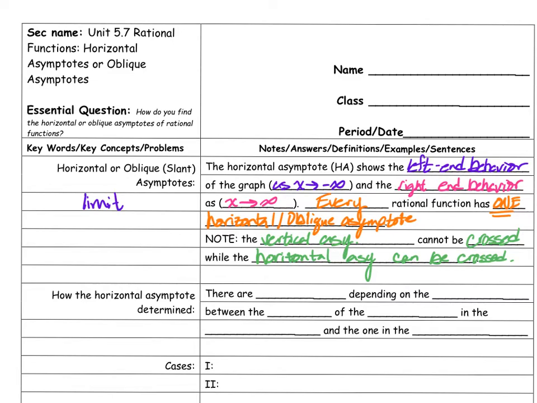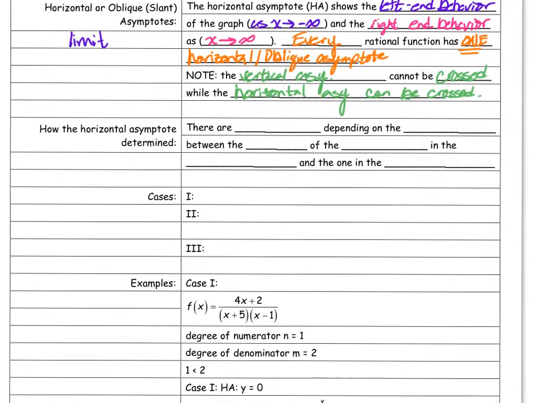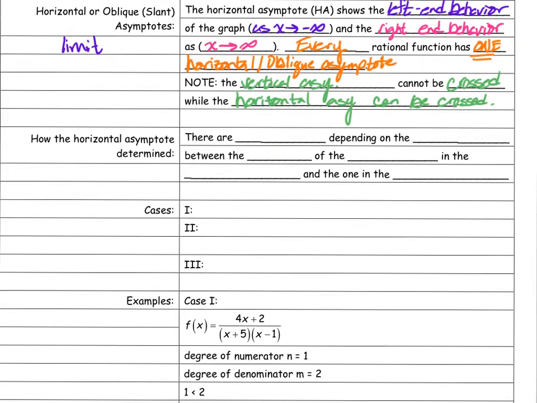So how can a horizontal asymptote be determined? There are three cases, depending on the relationship between the degrees of the polynomial in the numerator and the one in the denominator.